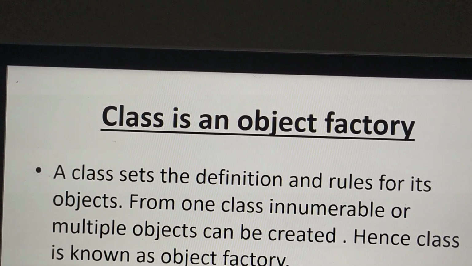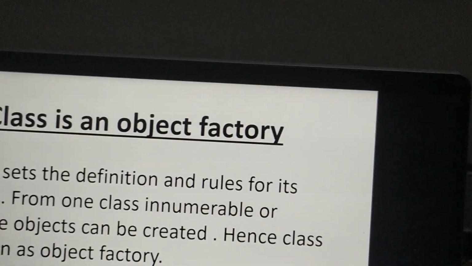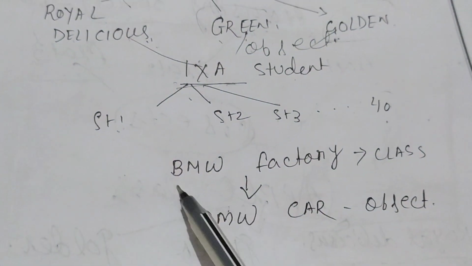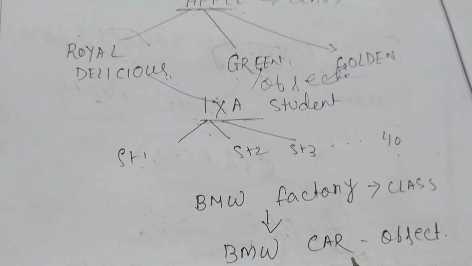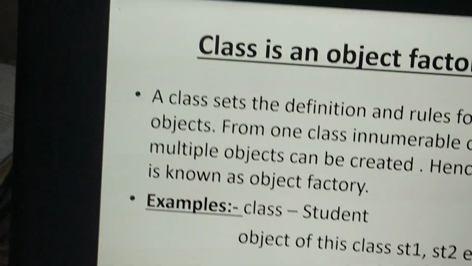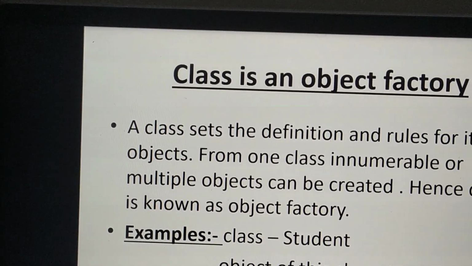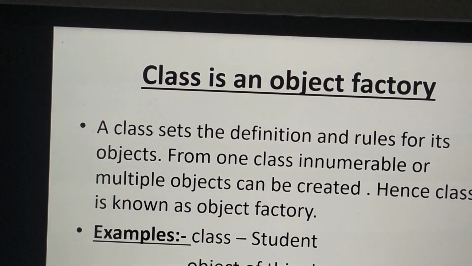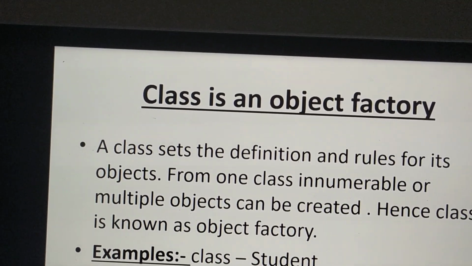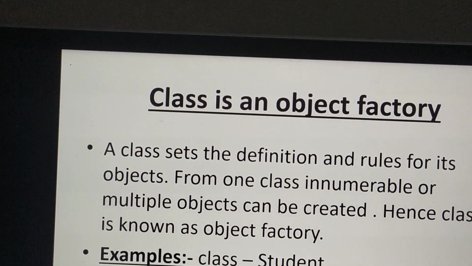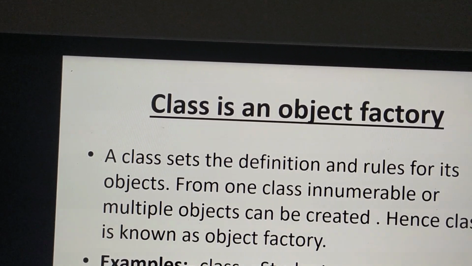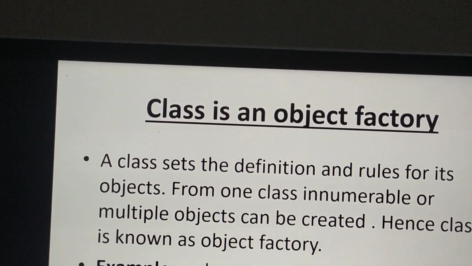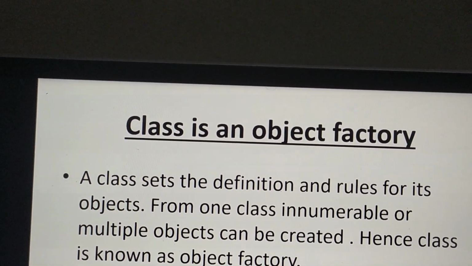Take another example, a BMW factory. If the BMW factory is a class, then it will be responsible for preparing BMW cars. So the same factory is used for making similar types of product. In the same way, the class is also responsible for creating innumerable or multiple objects. That's why the class is known as an object factory.